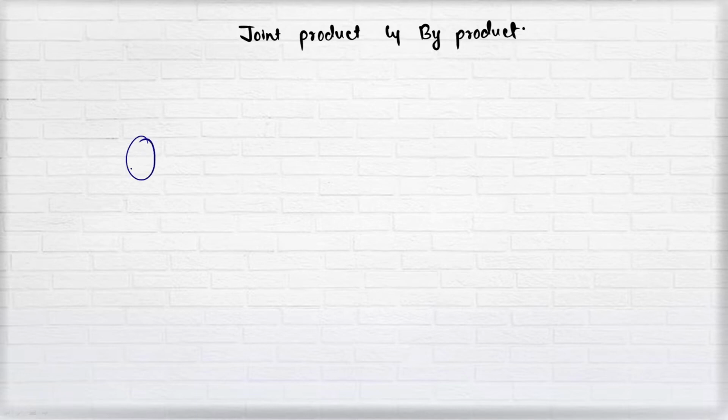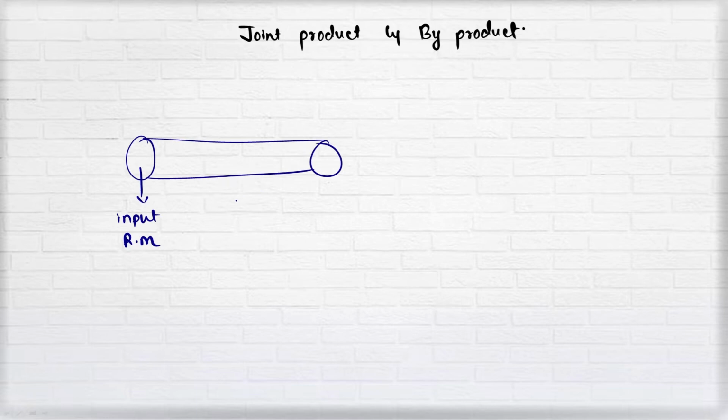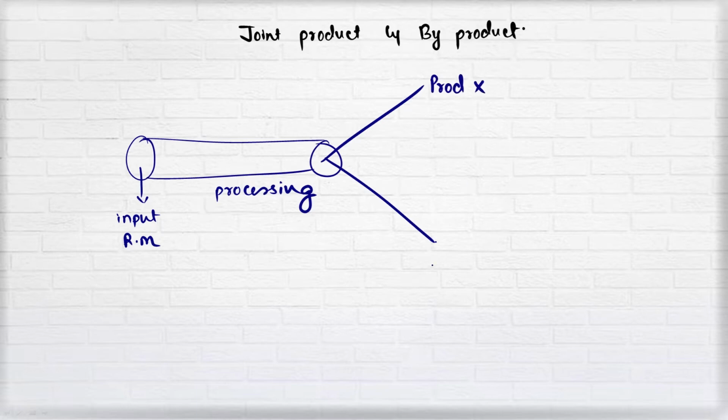Suppose we are putting in raw materials and then doing processing on it, and once these inputs are processed, there are two outputs, product X and product Y. Product X has a market value of rupees 100 per unit.